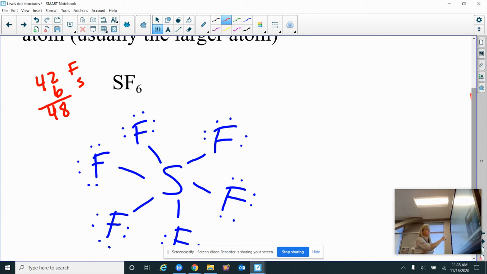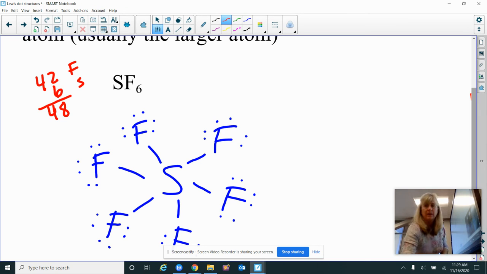And then if we put sulfur in the center and put the 6 fluorines around it, all with 8 total valence electrons, 3 unshared pairs to give 6, and then the bonds, that adds up to 48 electrons. So that is the structure. So sulfur ends up with 12 electrons around it, 6 bonds, and that's stable. And that's the most. Nothing could ever have more than 12 electrons around it.